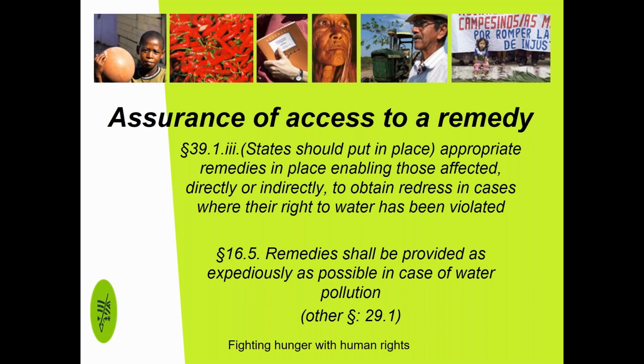And it is very obvious: if the state has put in place mechanisms which people can use to claim that their right to water has been violated, they should be given a remedy because they are victims of the violation of their right to water. This is why paragraph 16.1 says remedies shall be provided as expeditiously as possible in the case of water pollution. So I think this is very important.